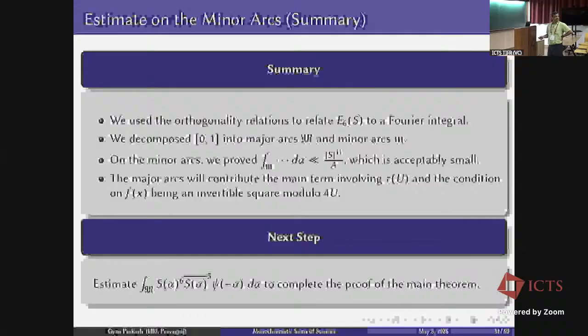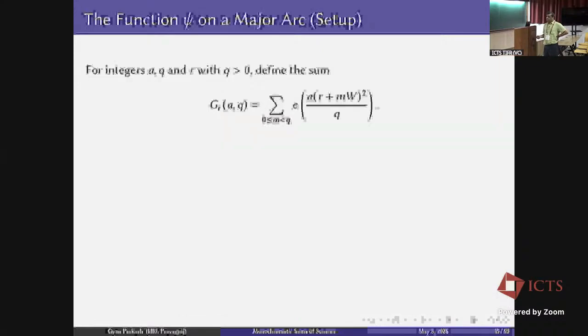We can understand this phi(alpha) because that is over the complete squares, which can be obtained by using Euler-Maclaurin summation. I will just write down the final answer. G(a/q) is equal to these Gauss sums.